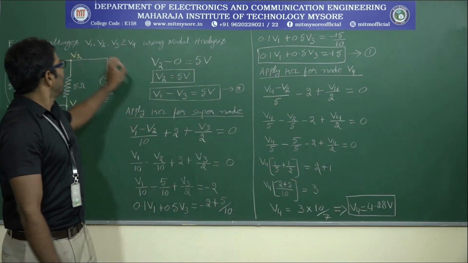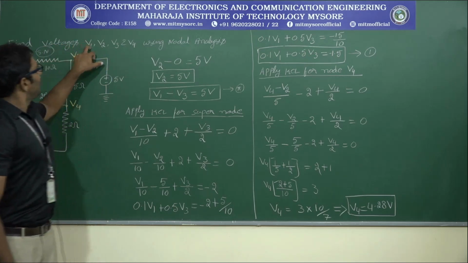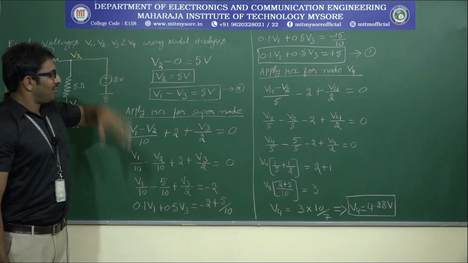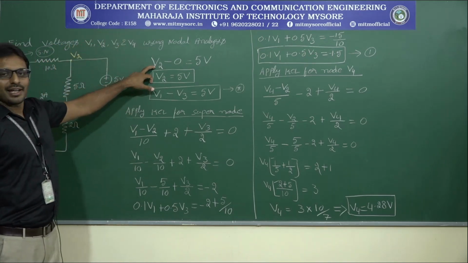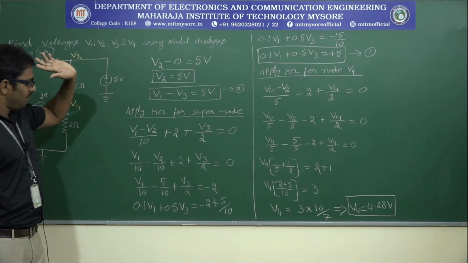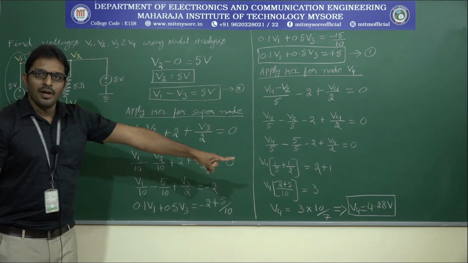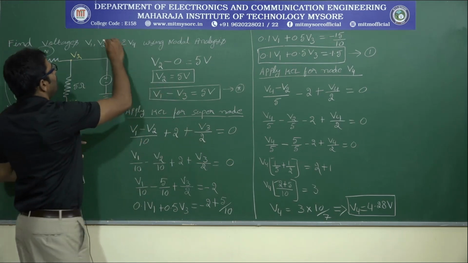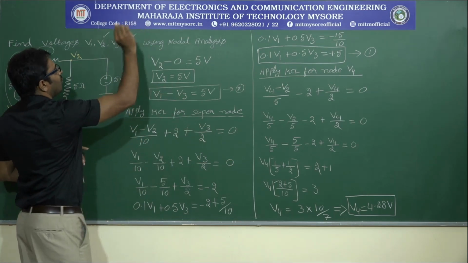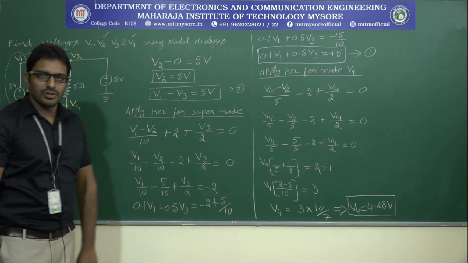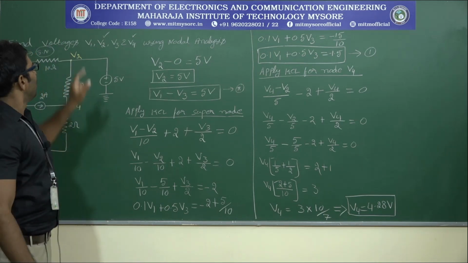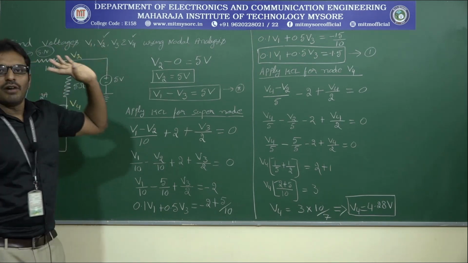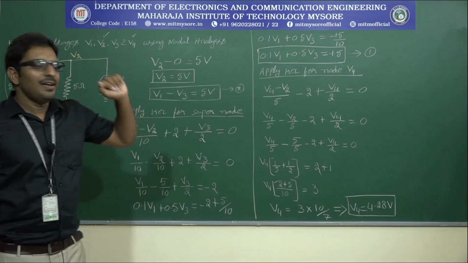Okay, what is the question? Find the voltages V1, V2, V3, V4. V2 is directly given, how much? 5 volts. And just now we calculated V4. So V2 and V4 are calculated. Now we need to calculate V1 and V3. How to calculate V1 and V3?